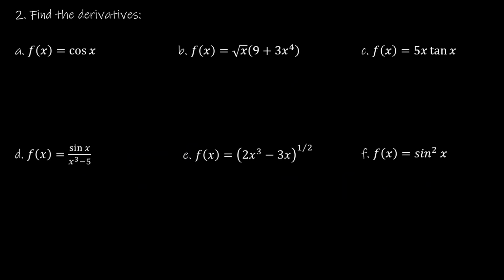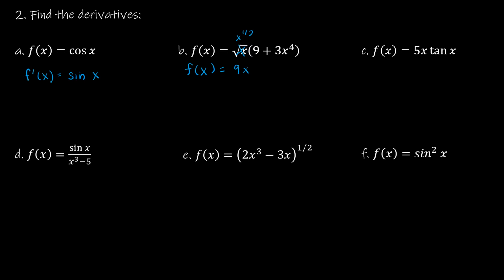Question 2 asks us to find derivatives. Remember, the proper way to denote that is simply f prime of x, so f prime of x is sine of x. For b, I could either use the product rule, or I chose to rewrite f of x by distributing. This is x to the 1/2, so I'm going to distribute that first.